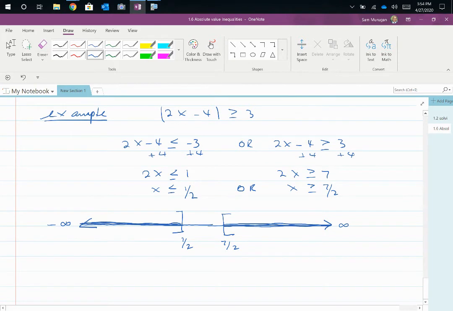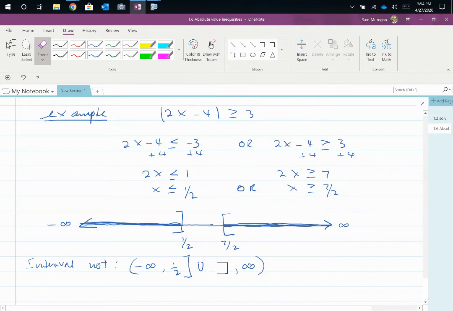And when you write the answer for this, you want to state it in interval notation, from negative infinity up to half. Now remember, infinity or negative infinity is always parenthesis, never a bracket, forming a union with 7 over 2, bracket, to positive infinity.